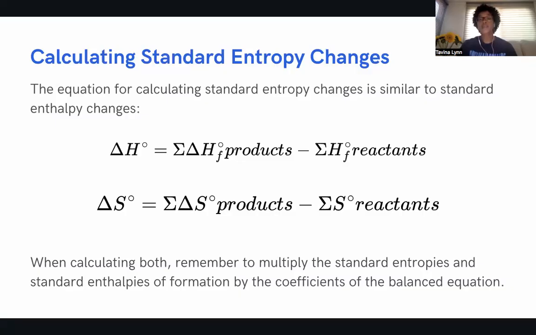This is why, first step, we need to know what our balanced equation is for the chemical reaction that we're studying, because we're going to multiply that coefficient by each product and reactant when calculating standard entropy changes or standard enthalpy changes.